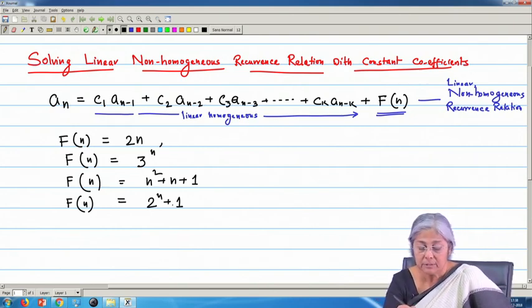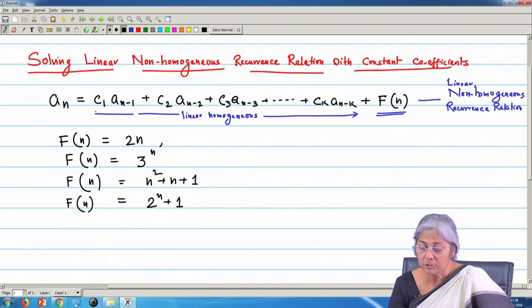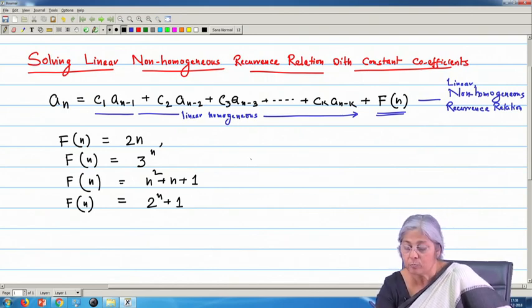Now, see here that in linear non-homogeneous recurrence relations, I have two parts.